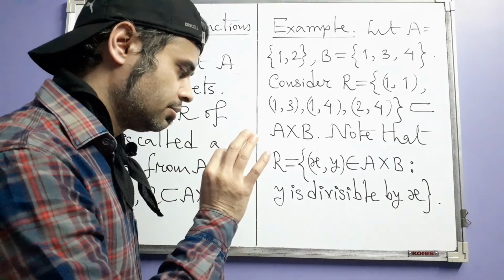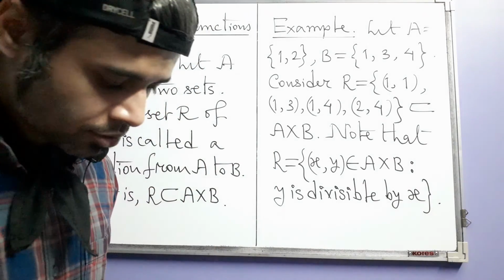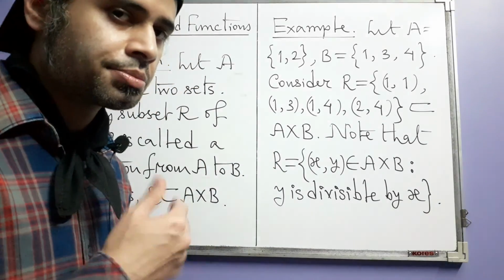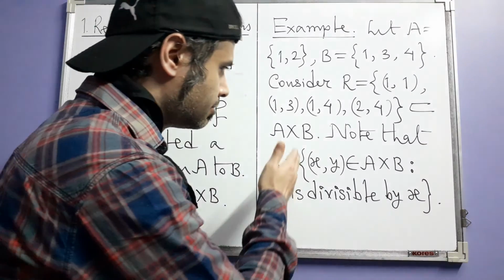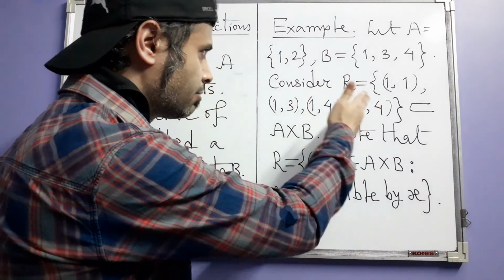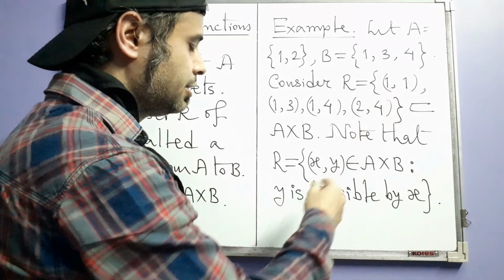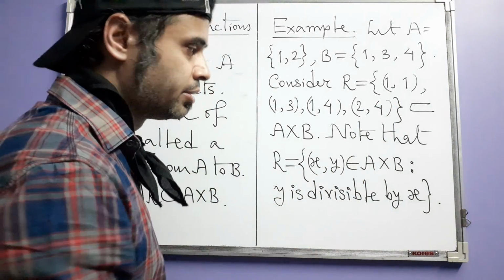So, to express it more compactly, the relation R that we have between the elements of A and B is divisibility.